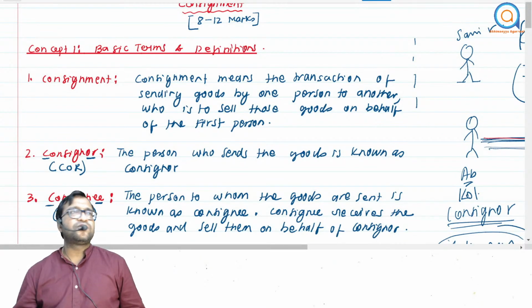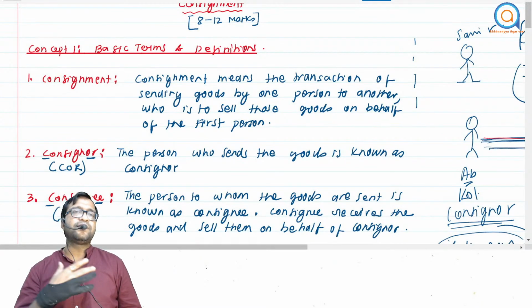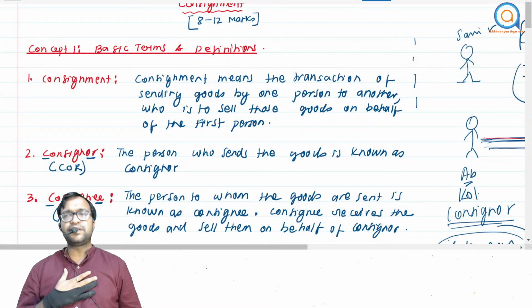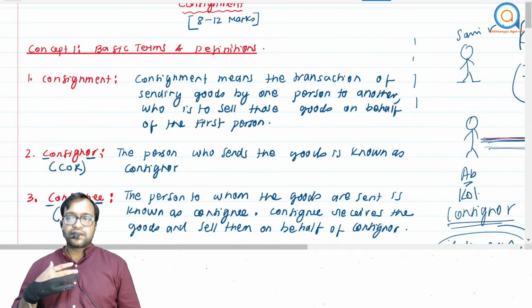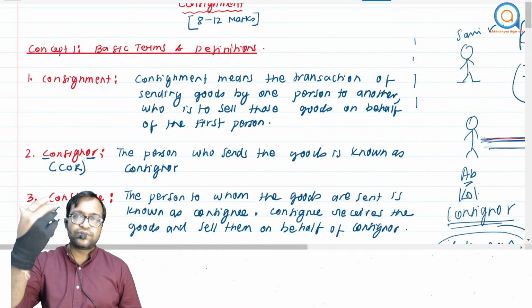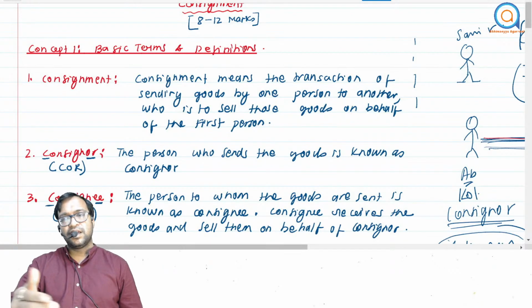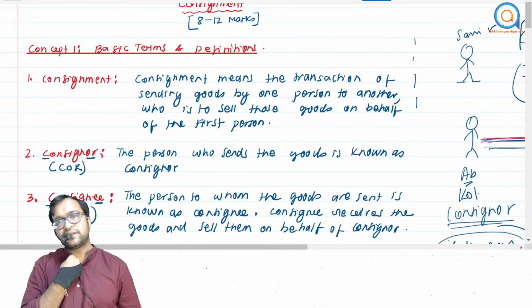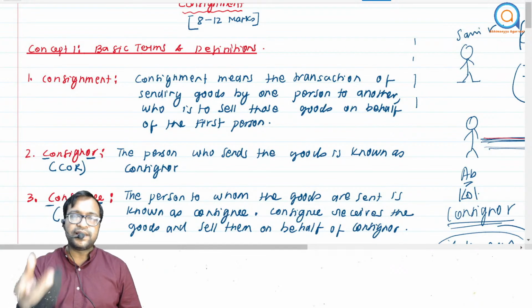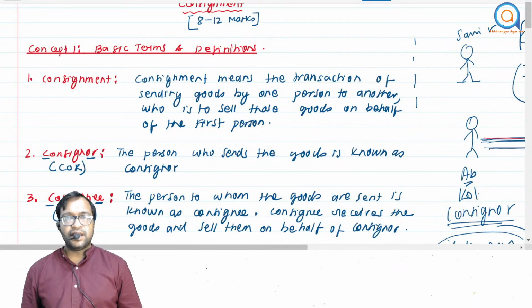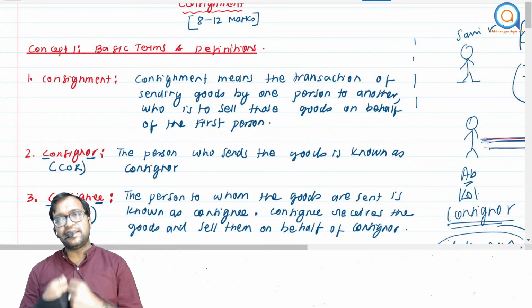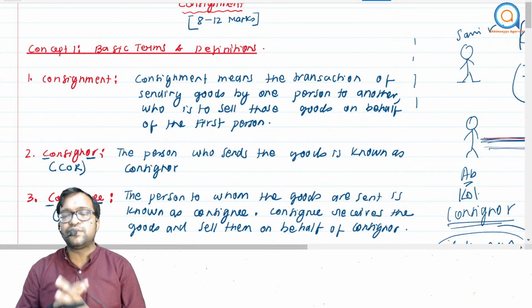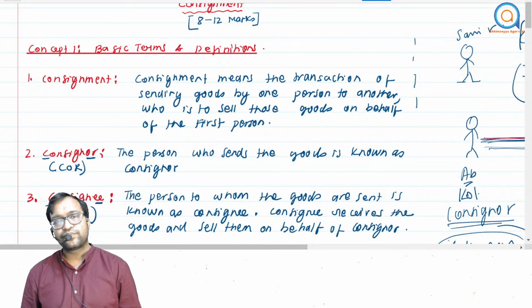Now consignment. What happens in consignment? One person will send goods to another person, and the other person will sell the goods on behalf of the first person. The person who sends the goods is the consignor, and the person who receives and sells the goods on behalf of the consignor is known as the consignee.